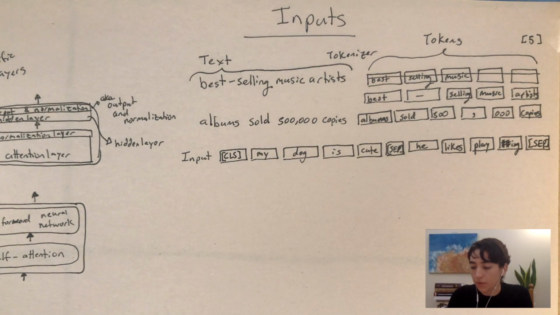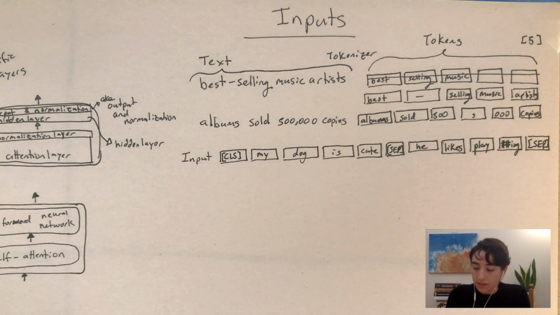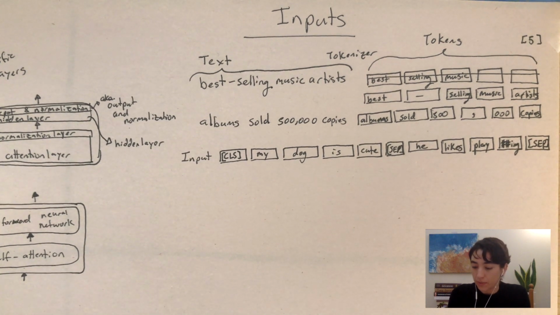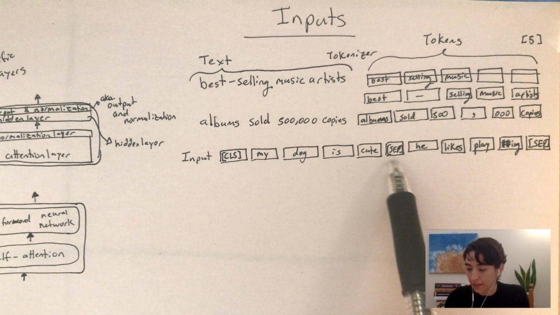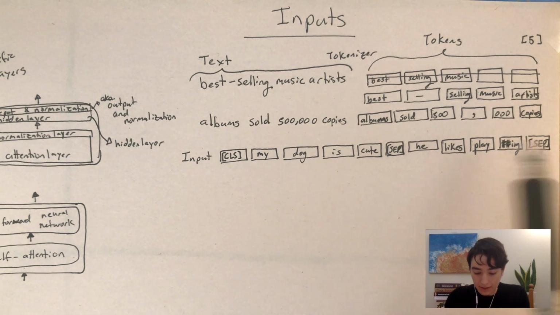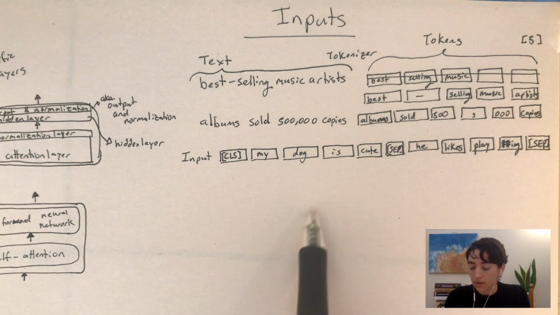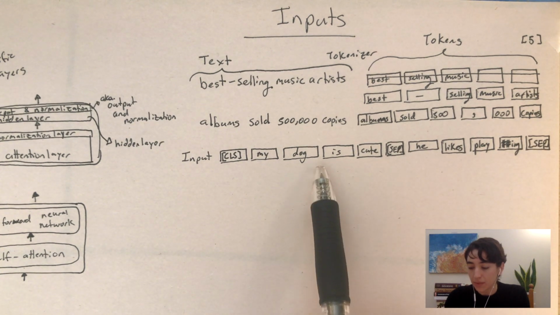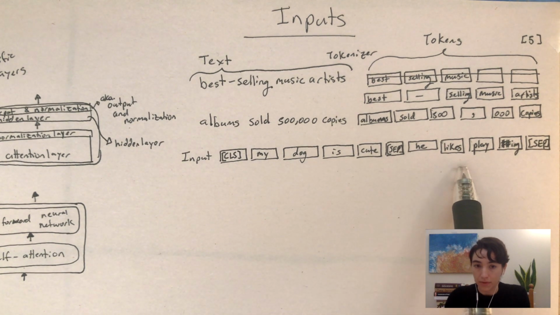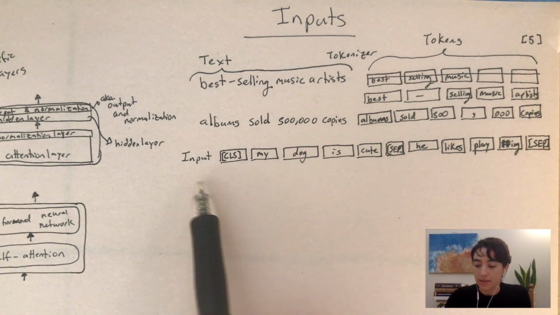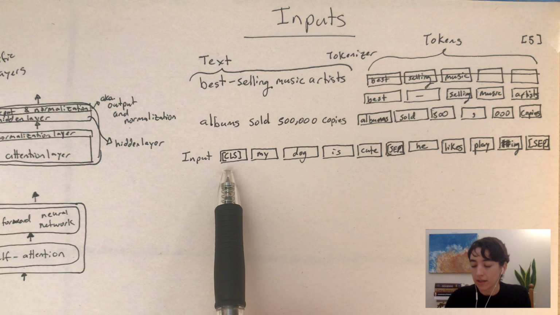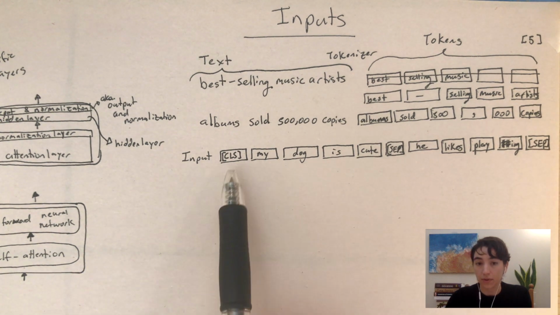Let's consider a possible input. So these are words that have been tokenized. You can see there are some strange tokens in here. We have this CLS in brackets and this SEP in brackets, and SEP at the end. SEP denotes a break between two segments, often referred to as sentences, even though they aren't necessarily sentences. And then CLS goes at the beginning of any input that we're going to use for classification.